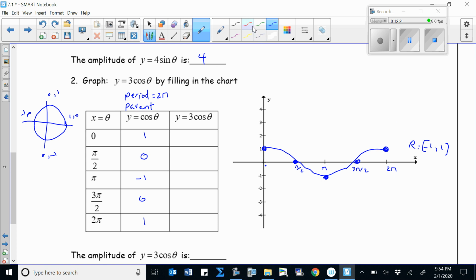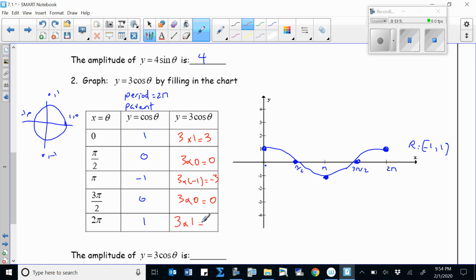Okay, now I'm going to graph the new function y equal to 3 cosine of theta. We just need to multiply 3 by the cosine values, which we already found here. So 3 times 1 is 3. This one will be 0. 3 times negative 1 is negative 3. 3 times 0 is 0.